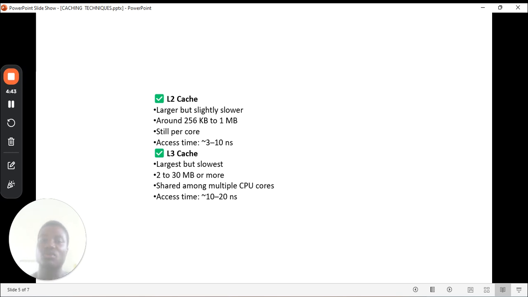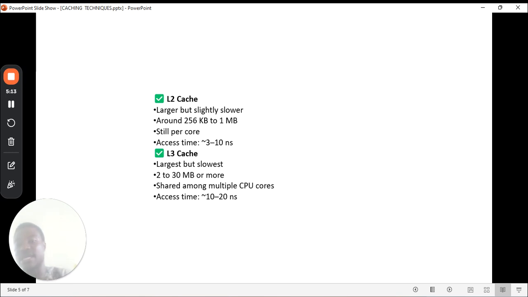Its size is about 2 to 30 megabytes or more. The second and third levels are shared among multiple CPU cores. The access time for the third level is approximately 10 to 20 nanoseconds.